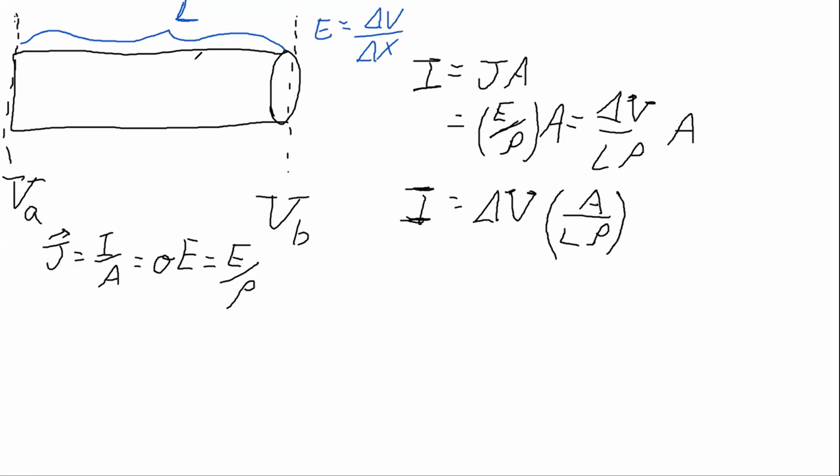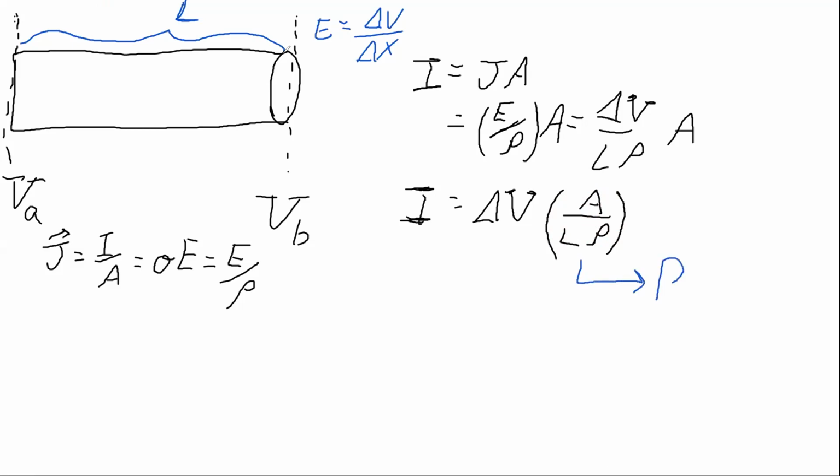Okay, so this whole thing depends on the actual wire. So rather than calling it separate things, we're going to combine all this into what we call resistance. Put that in a different color.